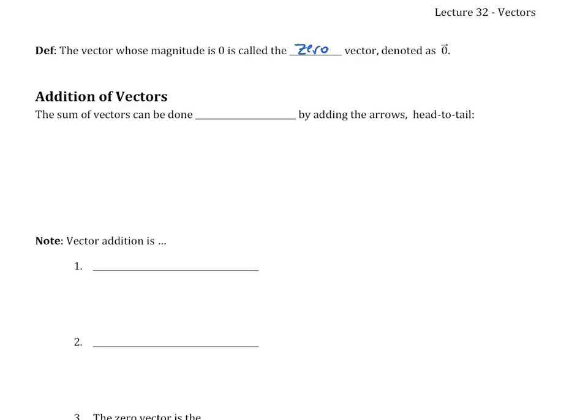Let's start by talking about just geometrically. If you think of them as arrows, the sum of vectors can be done graphically by adding arrows head to tail. So let's say I've got this vector right here. We'll call it V. And let's say I've got this vector right here. We'll call it U. What is U plus V?